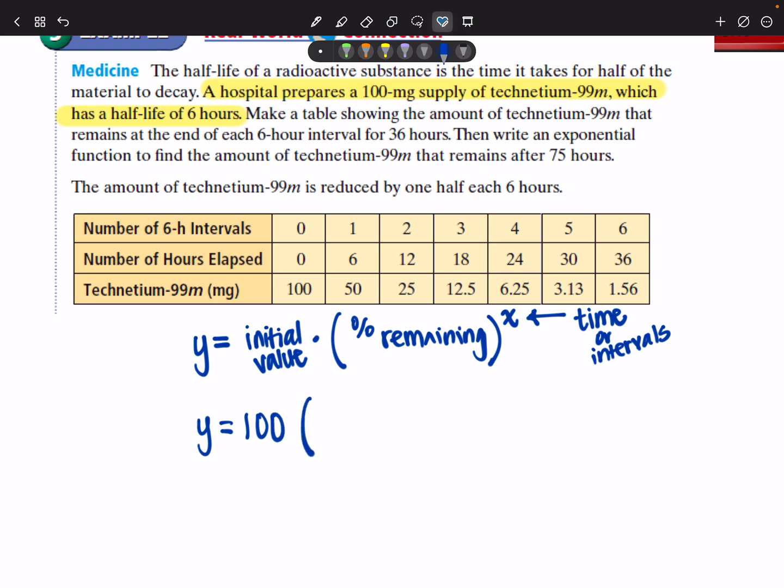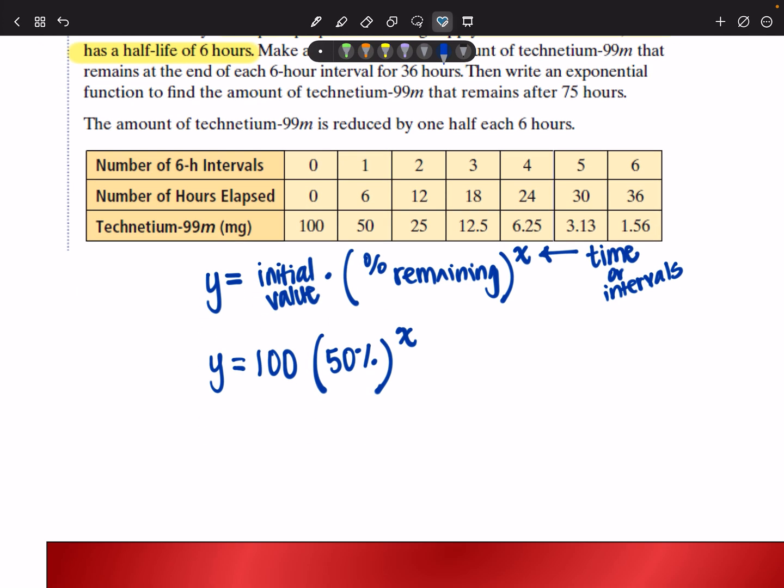The percent remaining would be 50% raised to the x power. Y equals 100 times 0.5 or 1/2 raised to the x power.